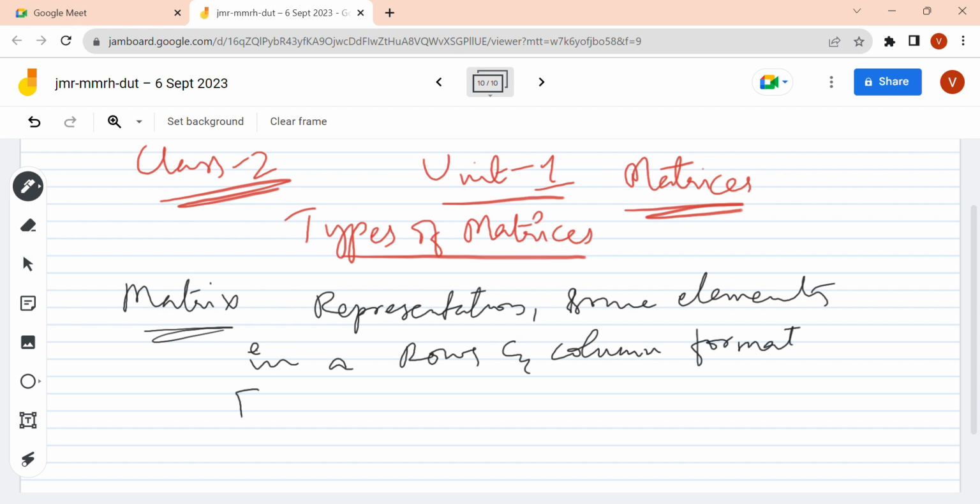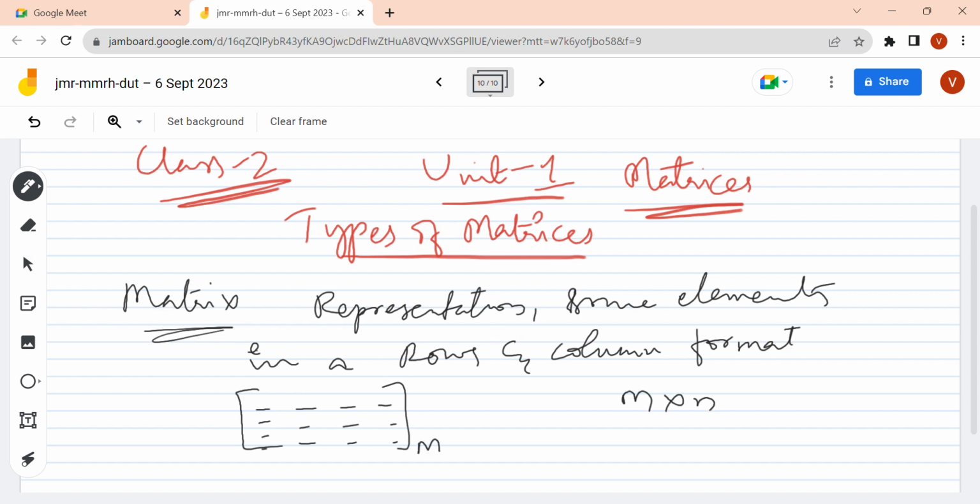We are representing some elements 1 2 3 4, let's say some m elements, so total there are some m into n elements, let's say.